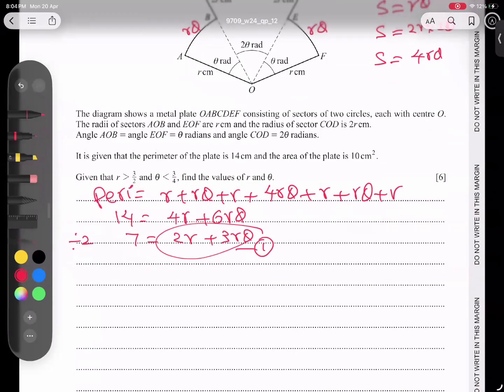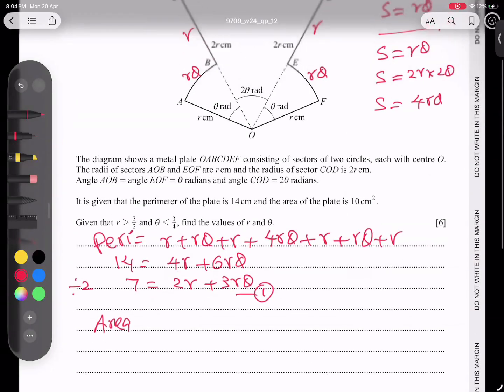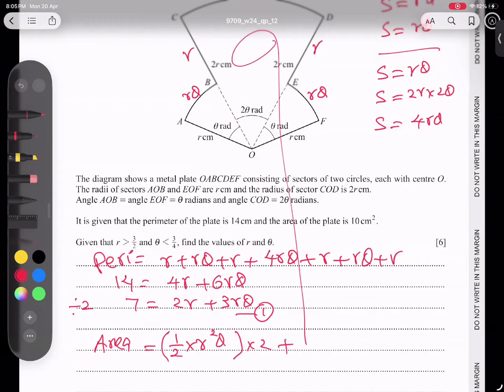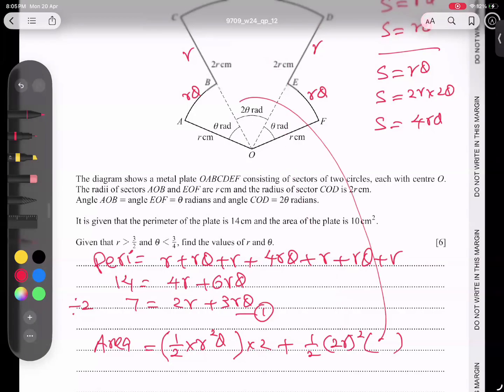So the area is 10. What is the area part, students? If you look carefully, there are two smaller areas and one bigger area. The formula is half r squared theta. Here r is r and theta is theta, so no change, but multiply by 2 because there are two small sectors. Now I'm writing the bigger one. The formula is half r squared theta, where r is 2r, make sure, and theta is 2 theta.